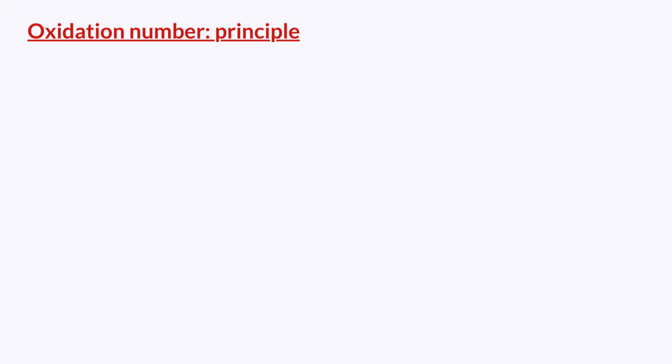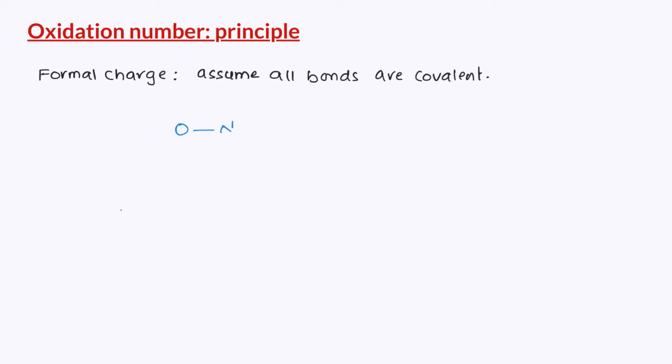When calculating the formal charges, we assumed that the bonds between all the atoms in a given compound are covalent. For example, if there is a bond between oxygen and nitrogen, if it were to be a 100% covalent bond, if we break this bond, each of the participating atoms get one electron. And that's exactly what we did.